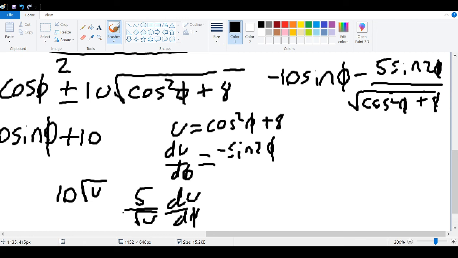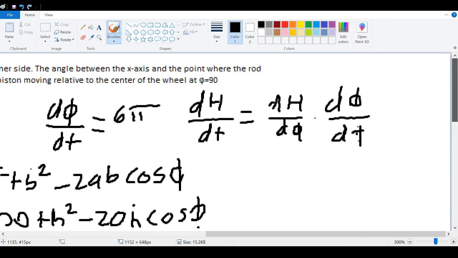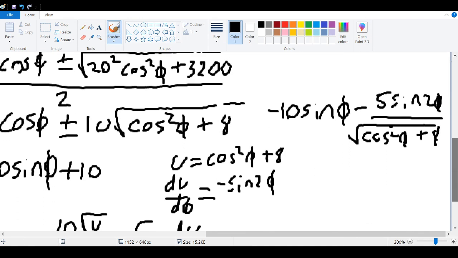And so the original question is, what is dh dt when phi is equal to 90? Now, we said dh dt is equal to dh d phi times d phi dt. So let's just plug in phi equals 90 into our equation and then multiply by 6 pi.